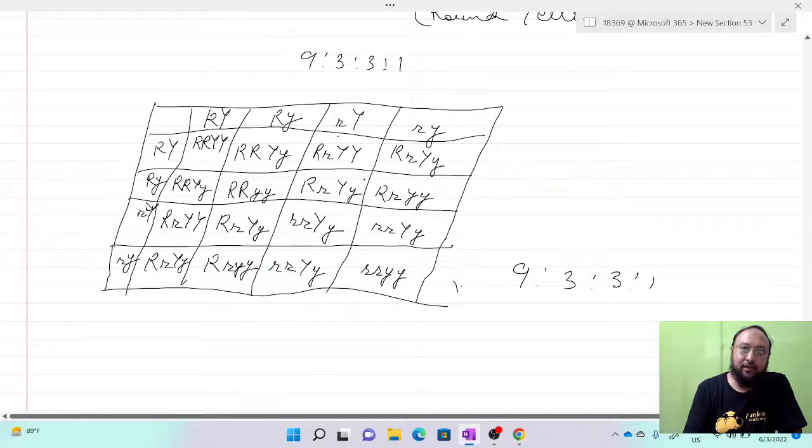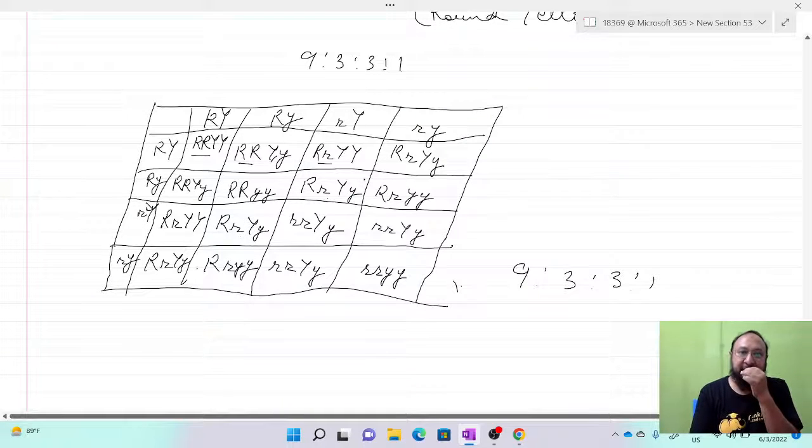You can see here round green, round green, then round yellow, round yellow, and so on. So 1, 2, 3, 4, 5, 6, 7, and round yellow 9.